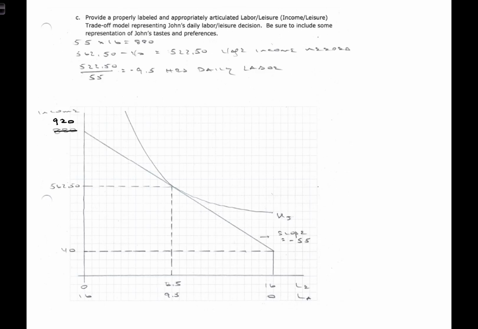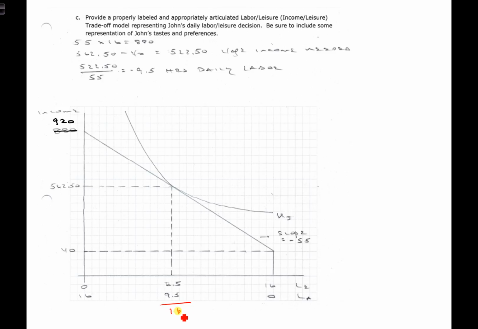And if I take that $562.50, subtract from it my endowment, he only has to earn $522.50 a day. Take that $522.50, divide it by his wage, that suggests that we've got 9.5 hours of daily labor that John's going to have to provide. So we have 9.5 hours of labor, and we can realize that that's 6.5 hours of leisure because together they're 16 hours, right?